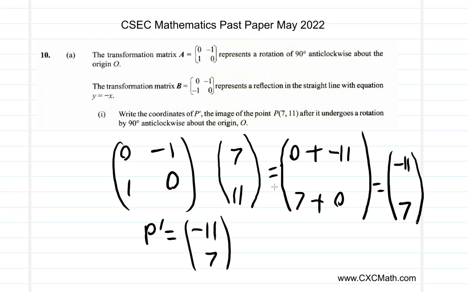Suppose we put our x-axis here. We see that the values of x go from 7 all the way to negative 11. So suppose we put negative 11 here.